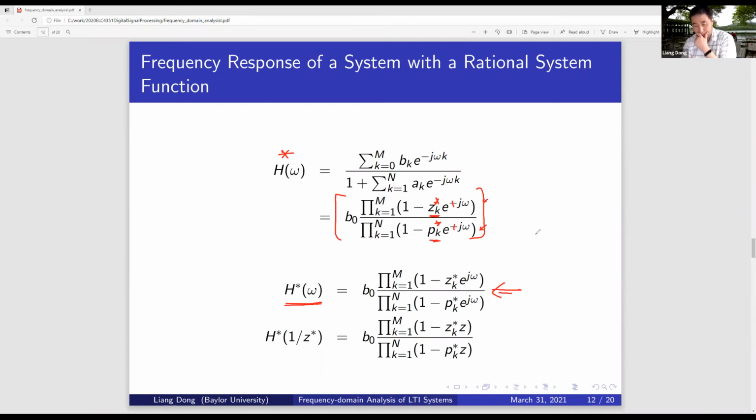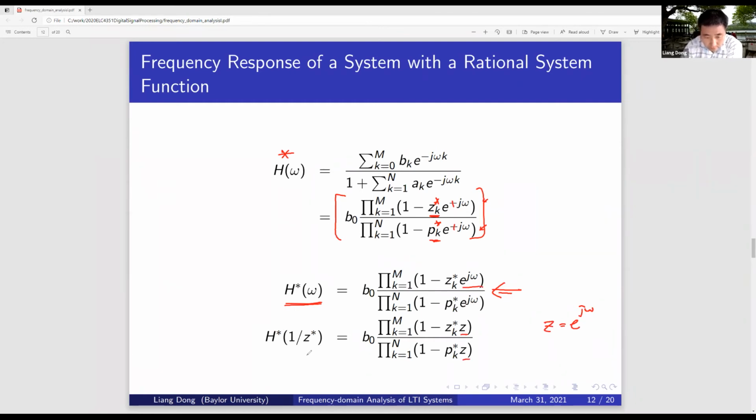And also, if I'm writing this entire thing in this format, if I use z equals e to the j omega, I can plug this in, right? It's easy, putting it here and here.